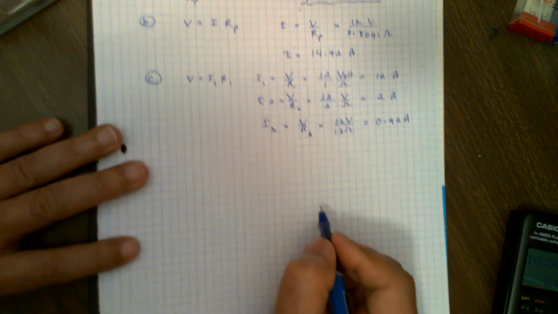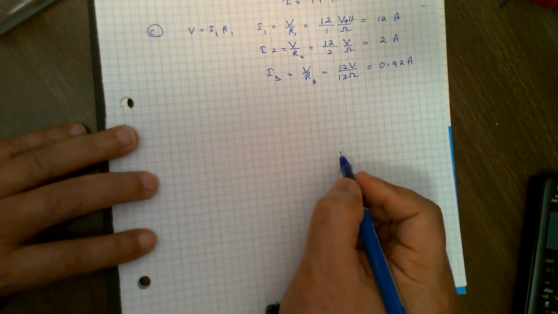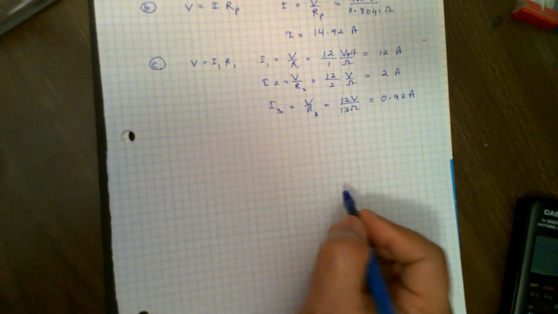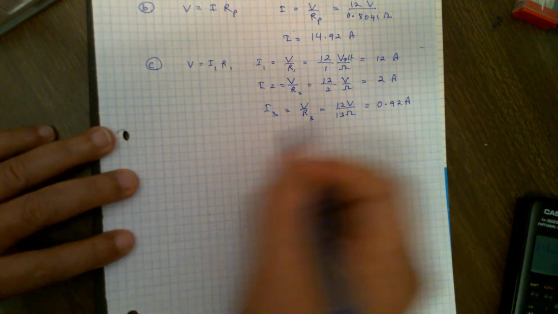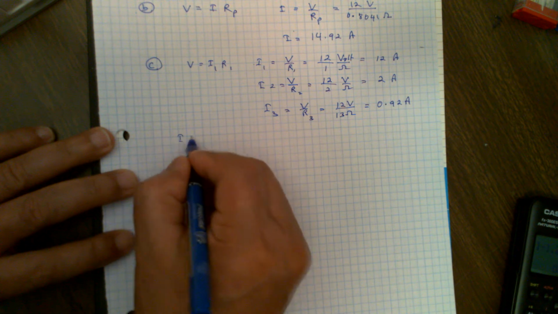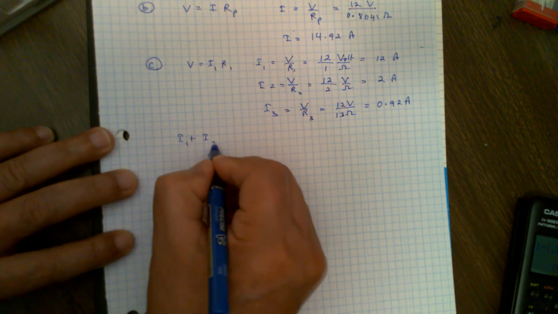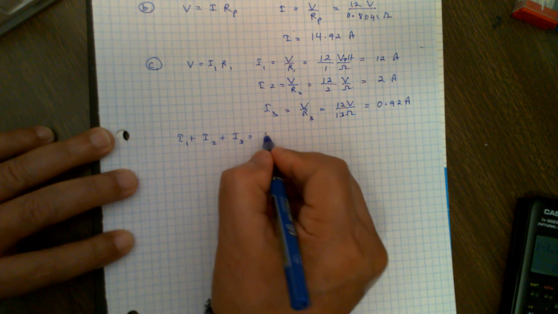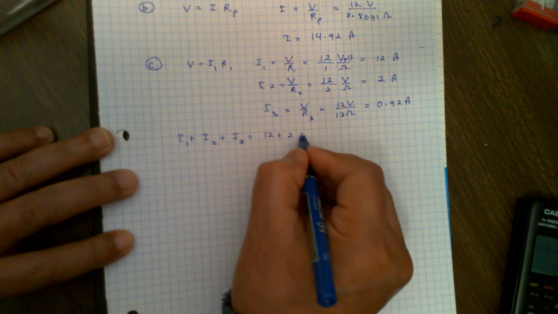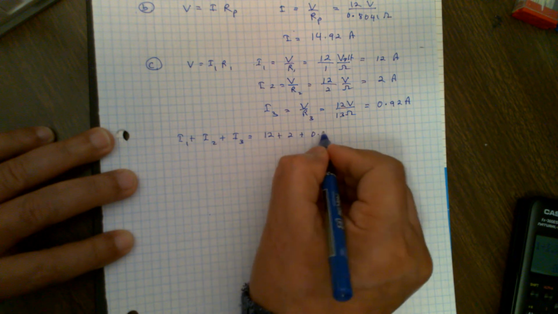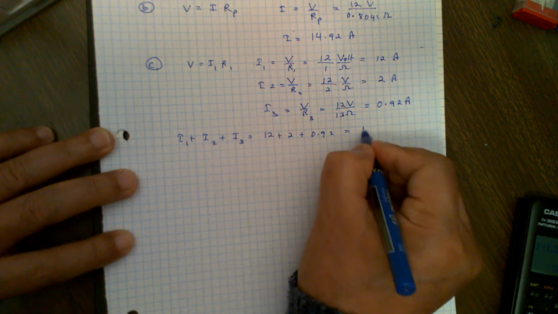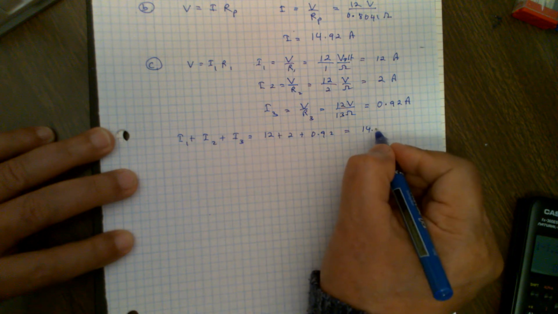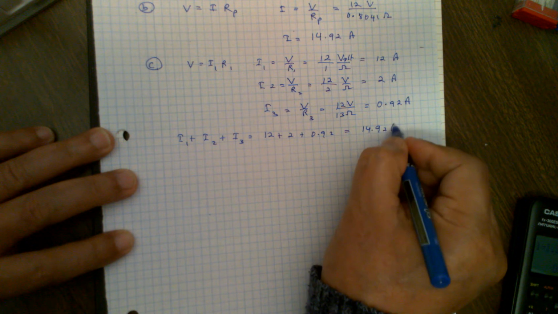amperes. Okay, so I get all the current, and of course if I add them up, let's check. I1 plus I2 plus I3, if I add them up, 12 plus 2 plus 0.92, that is 14.92 amperes.